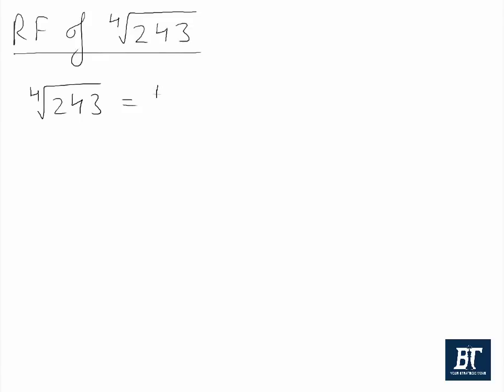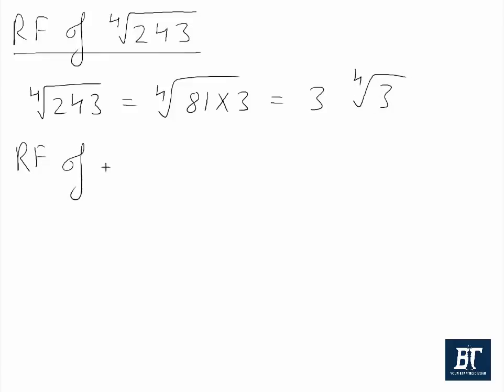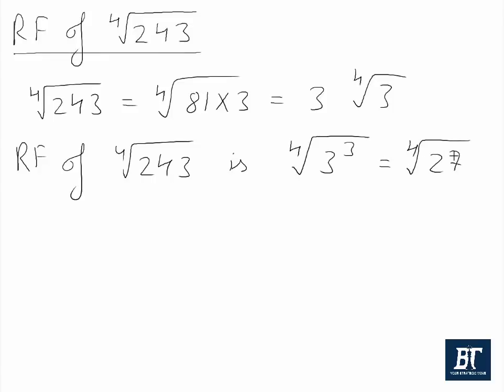The rationalizing factor of fourth root of 243. So first we simplify fourth root of 243. So this is fourth root of 81 into 3. So you get 3 fourth root of 3. So rationalizing factor of fourth root of 243 is fourth root of 3 cube, which is fourth root of 27.